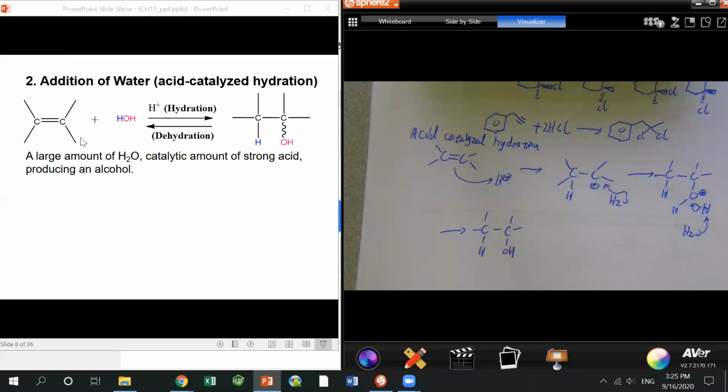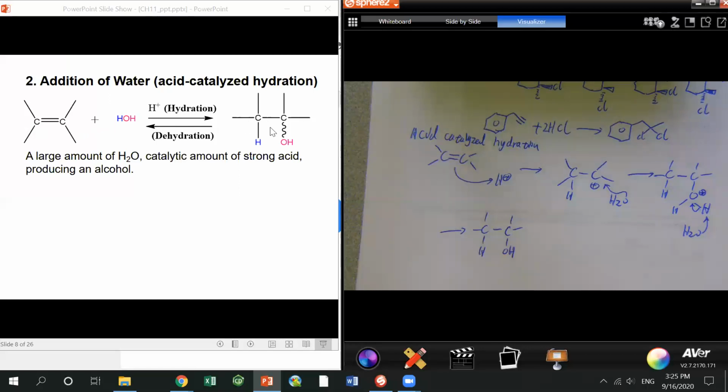Some of you may get confused, since both reactions need acid. How do you determine whether to go left or right, dehydration or hydration? That really depends on the amount of water. If you use a large amount of water, normally as solvent, you go in the hydration direction and convert the alkene to the alcohol.